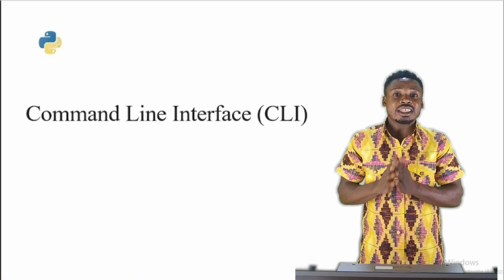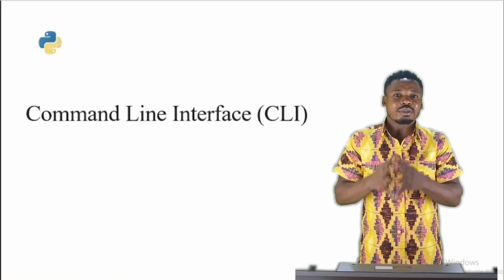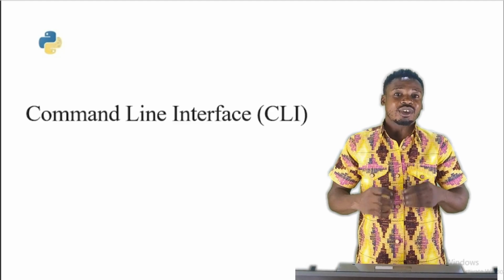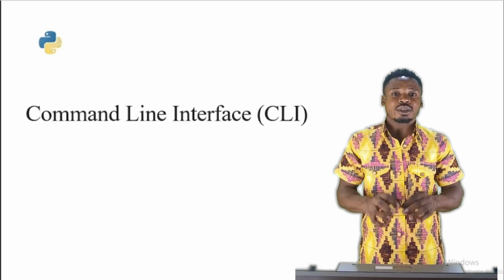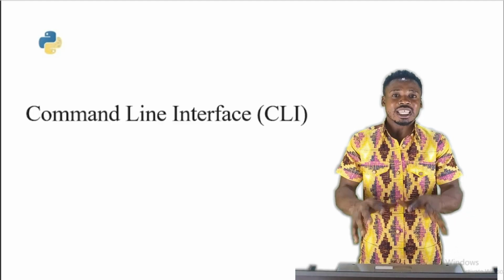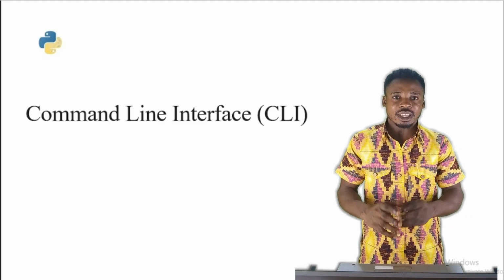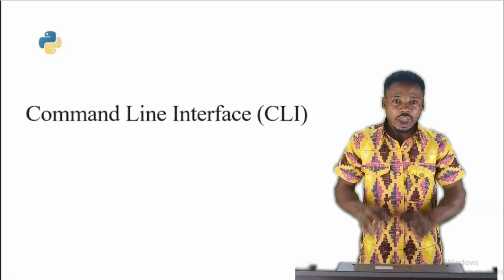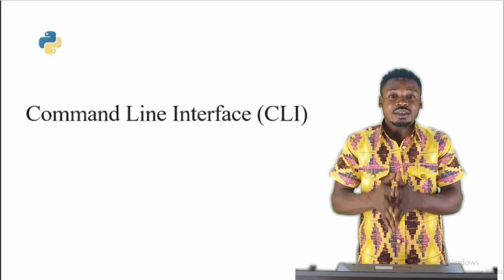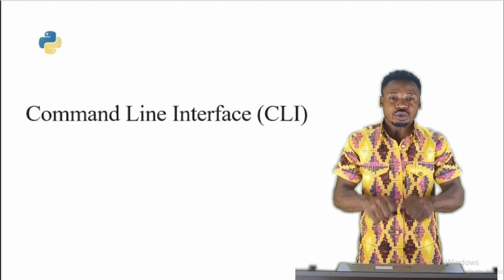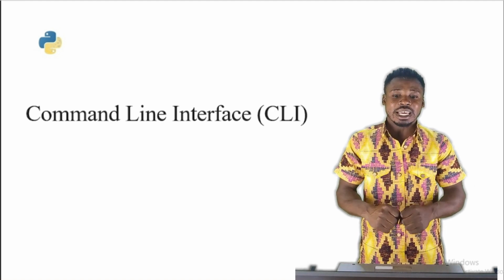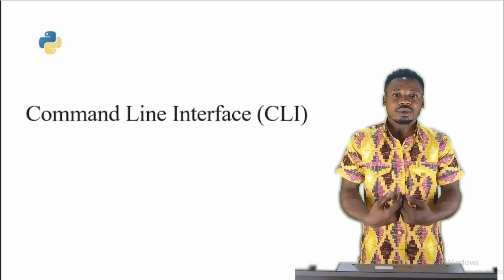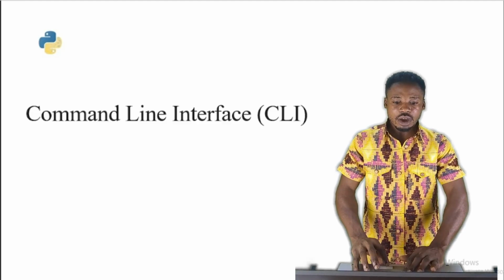With the command line interface, we do not click on buttons or icons or any graphical user interface element, but we actually make use of text to instruct the computer to perform an action for us. So if we want to run our Python program, we will make use of the command line interface, that is the terminal, to tell the computer to run our program for us.